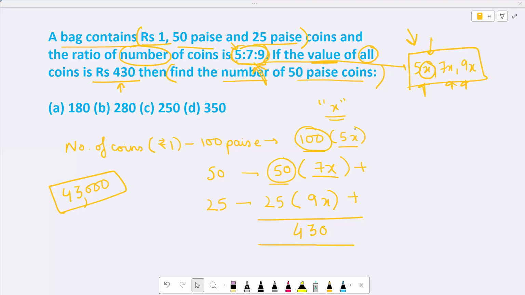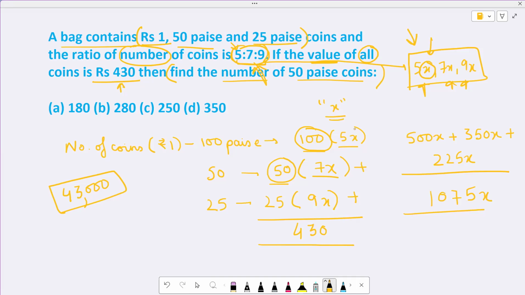So finding out the actual values, here we get 500x plus 350x plus 9 multiplied by 25 gives us 225x. Right, so this will be the total value. So when we add these, we get 1075x.